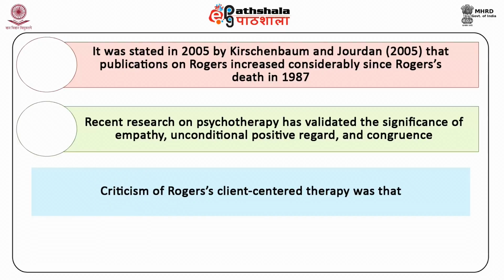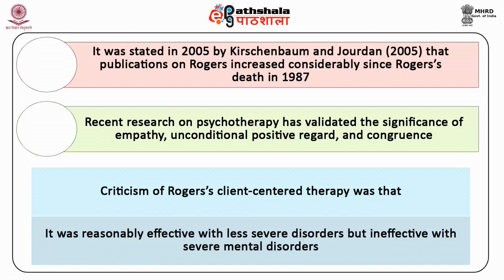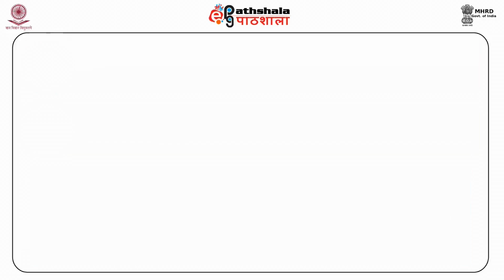Criticism of Rogers' centered therapy was that it was reasonably effective with less severe disorders but ineffective with severe mental disorders. This criticism, while correct, is misleading in that while Rogers did numerous studies with patients with schizophrenia, he at no time claimed that his therapy was effective with those with serious mental disorders.